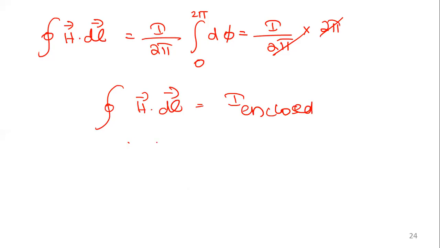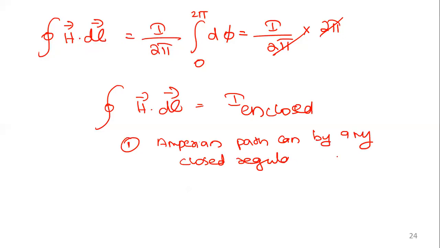Then, one property of Ampere's circuital law: the Amperian path need not always be a circle. It should be any closed regular surface. So the Amperian path can be any closed regular surface.